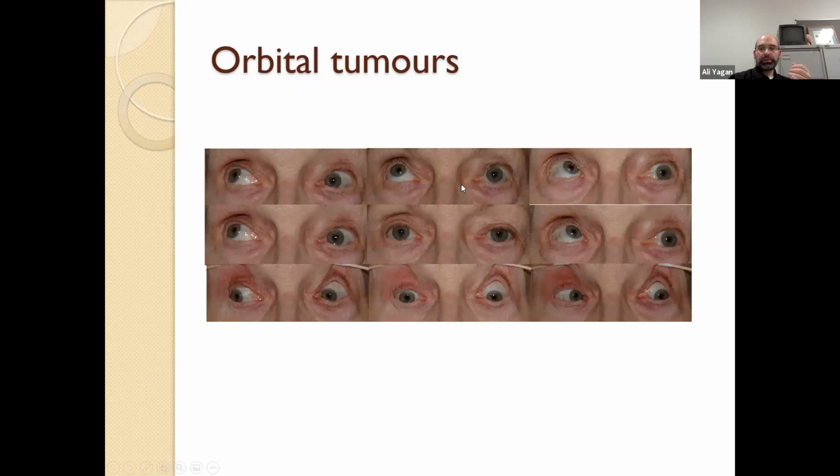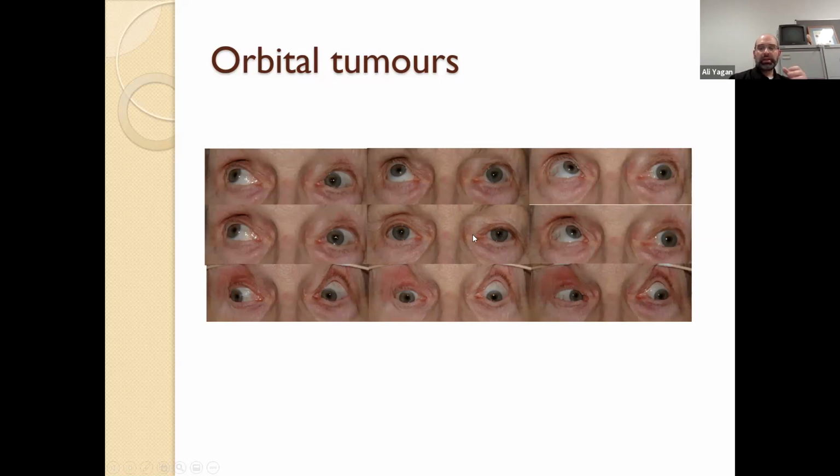Another example of problems, this lady, who had surgery recently, has a left orbital optic nerve meningioma, with various limitation of movements. You can see there is a little bit of abduction, limitation of elevation, and downward she's okay.